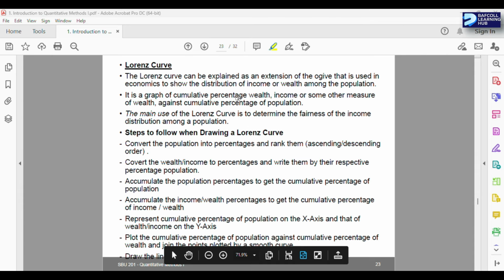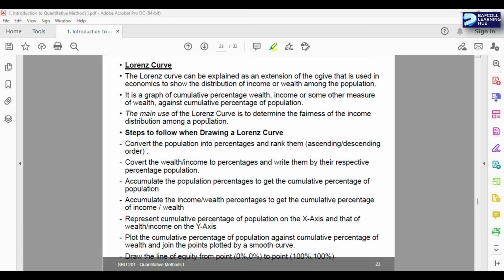Okay, it has various uses, and it is used purposely for distribution of wealth, and it can help us in measuring inequality between wealth distribution or income distribution. It can help us to compare the wealth distribution between countries over time, all right?